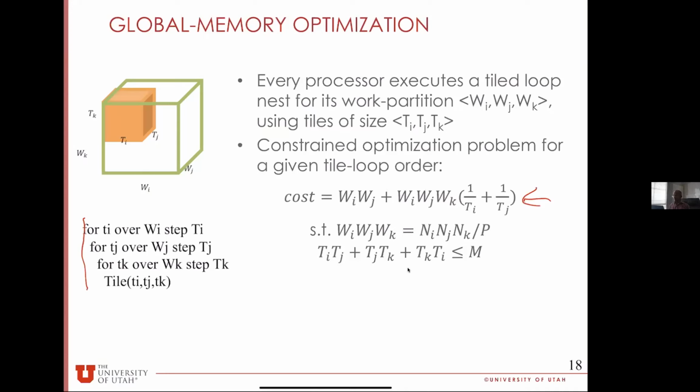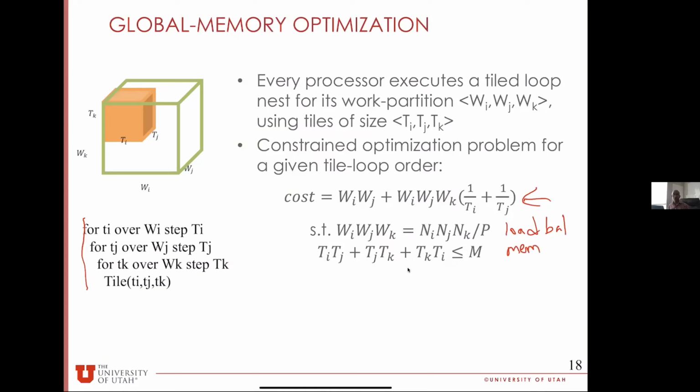So we have a constrained optimization problem where this function, Wi Wj plus Wi Wj Wk times (1 over Ti plus 1 over Tj), is really, as a function of the tile sizes, the cost for a particular processor in terms of total volume of data movement from the global memory. The constraints are, one, that the Wi, Wj, Wk product should equally divide the full iteration space Ni, Nj, and K. And then the second constraint is the memory constraint.